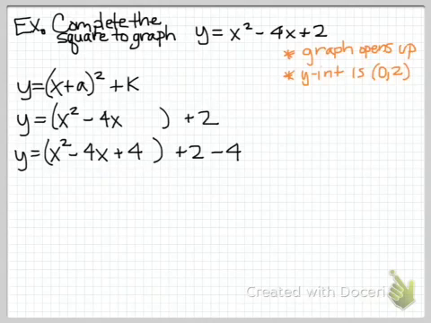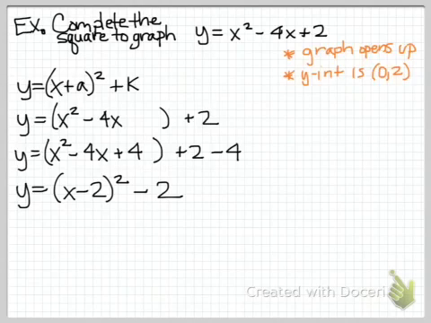So now that I have x squared minus 4x plus 4, I know that I can write that as x minus 2 quantity squared, and then plus 2 minus 4 becomes just negative 2. So now I have it in the form that I want. It's in this form of y equals x plus a quantity squared plus k.